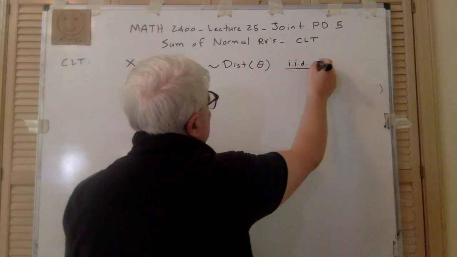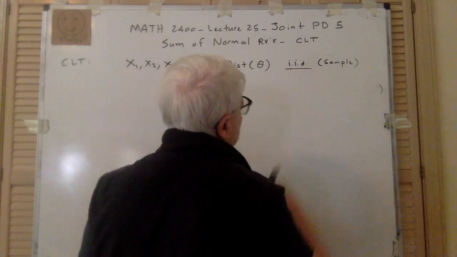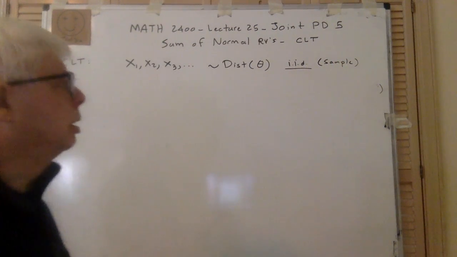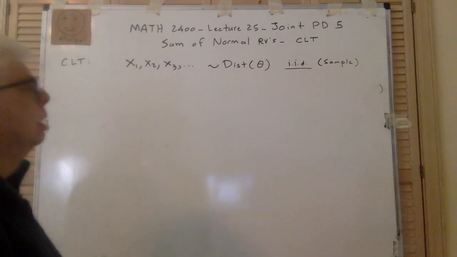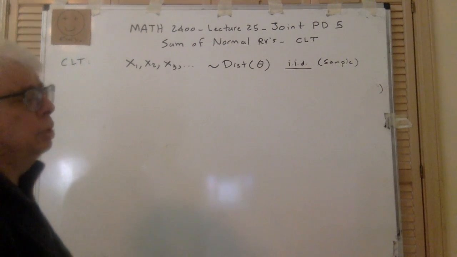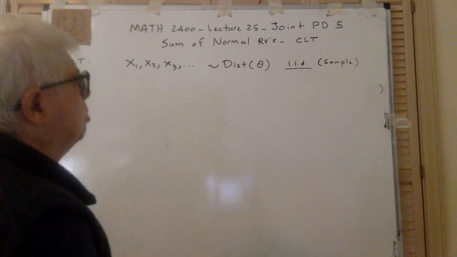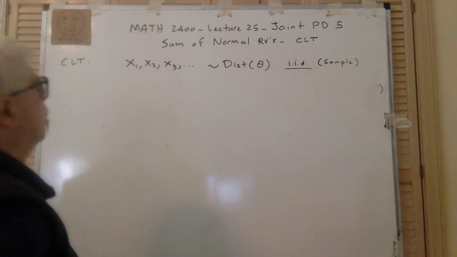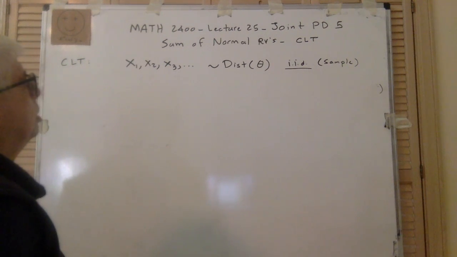Remember, the IID is in fact what we also call a sample. But anyway, this is infinite, and usually a sample is finite. But remember that there was some relation between these two notions. It means that they are independent and identically distributed.